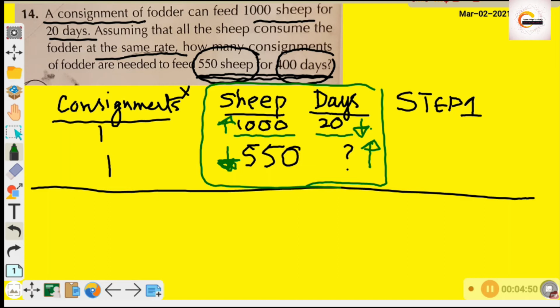So 1000 sheep, as compared to 550 sheep, will consume fodder in less days, because 550 sheep are less, they will consume the fodder in more days. So what relationship is this? This is inverse proportion.